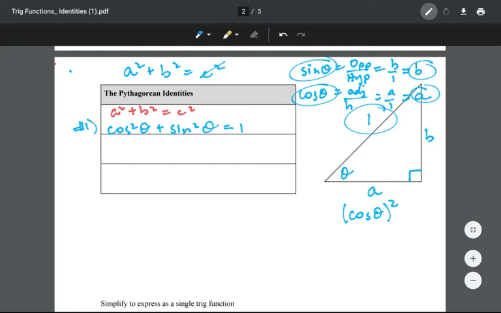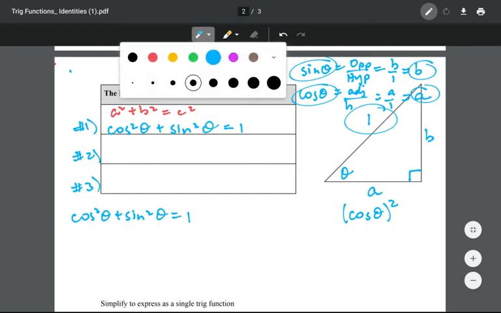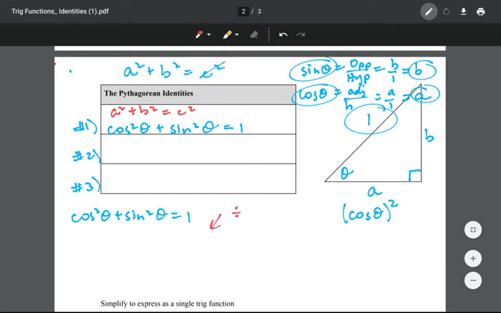To get to the other 2, we're going to do some dividing. I like to think of these as all being based on that initial cosine squared theta plus sine squared theta equals 1. For the second iteration, I'm going to divide by cosine squared. I'm just going to work all the way through by cosine squared, 1 over cosine squared.